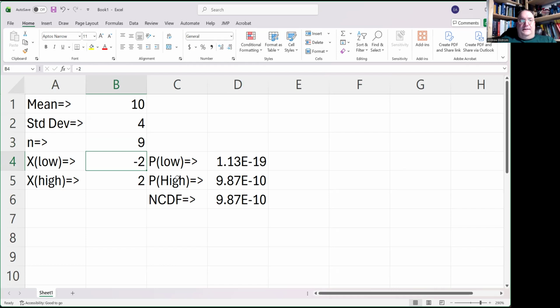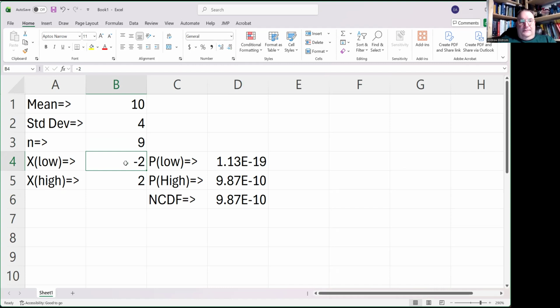So this is telling us the probability of getting a value between -2 and +2, when the average is 10, the standard deviation is 4. And again, when we have n equals 9 here, we're looking at the average of 9 people. You can see that these probabilities are really, really small.